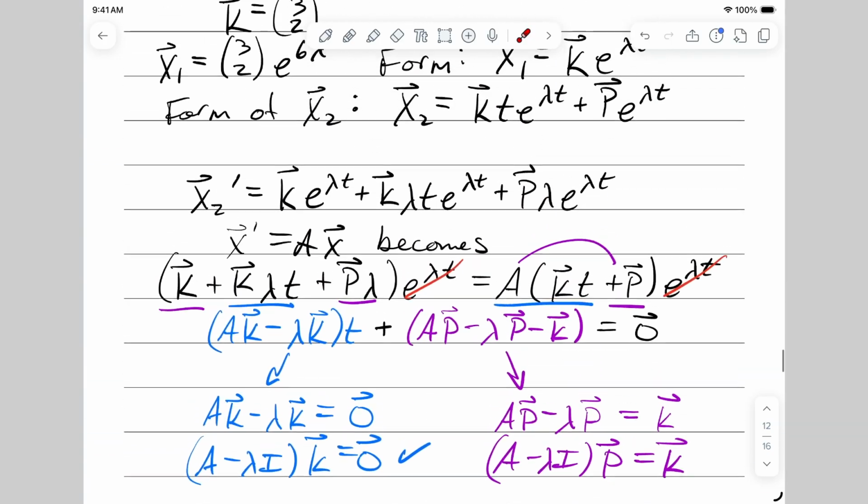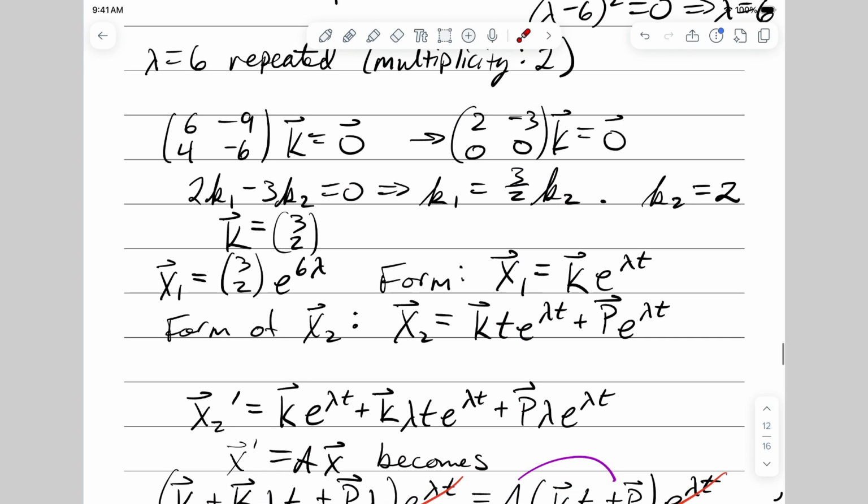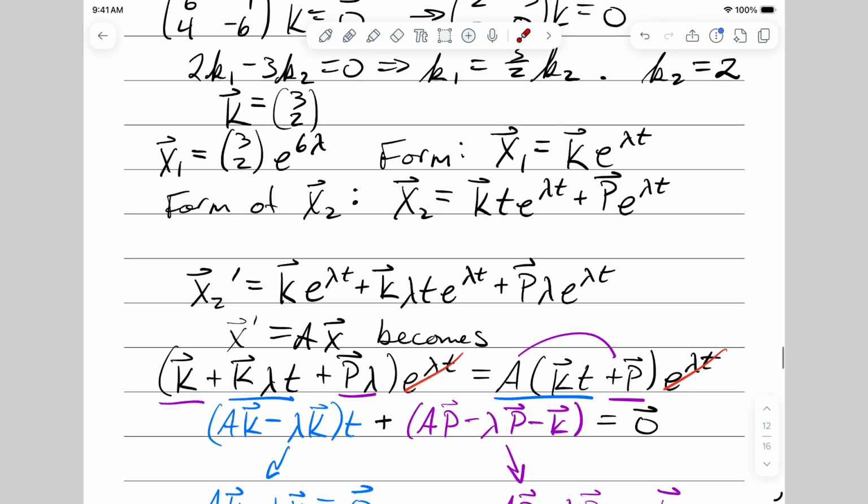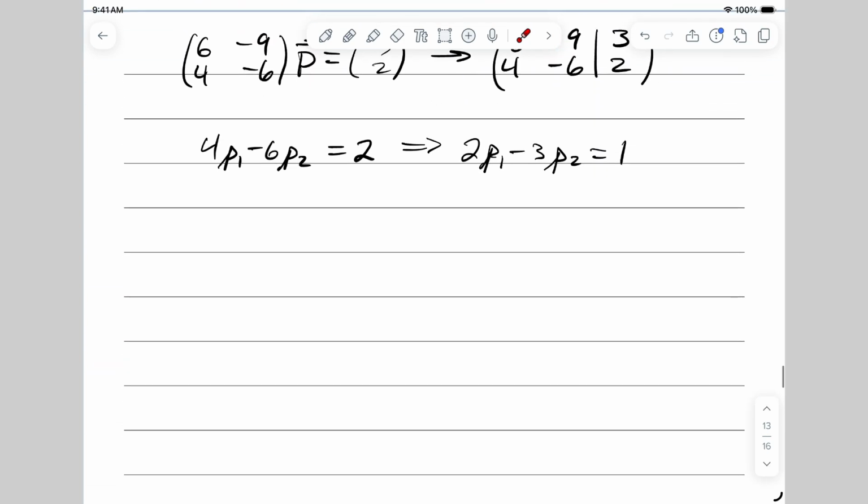Before, when we were doing this with the k's, when we had k1 equals 3/2 k2, if we let k2 equal 0, that would force k1 to equal 0. That would give us the 0 vector, but an eigenvector is never allowed to be the 0 vector. Here, though, we have 2p1 − 3p2 = 1.